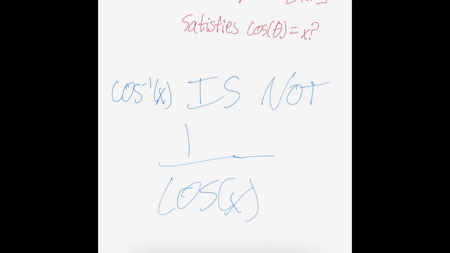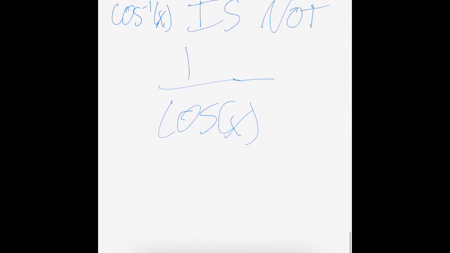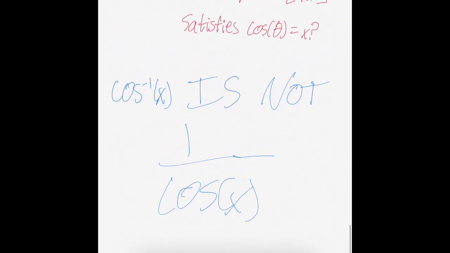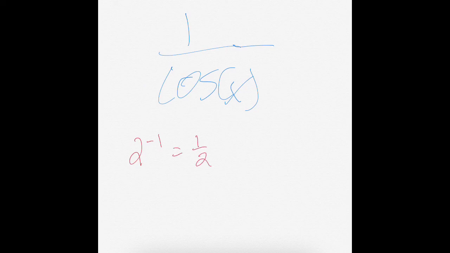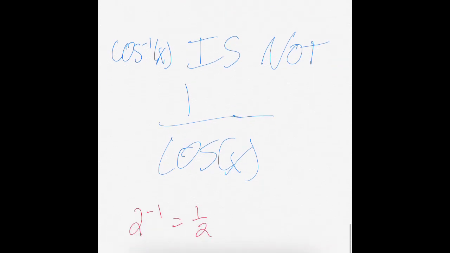We are used to this -1 exponent meaning flip it, meaning doing 1 over it. And usually that's right. If I were to write 2 to the -1st, what I mean there is 1 over 2.